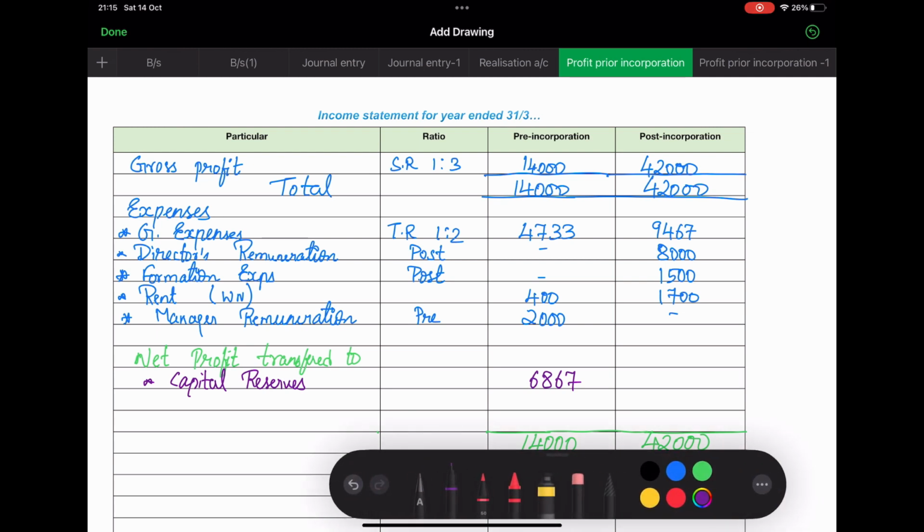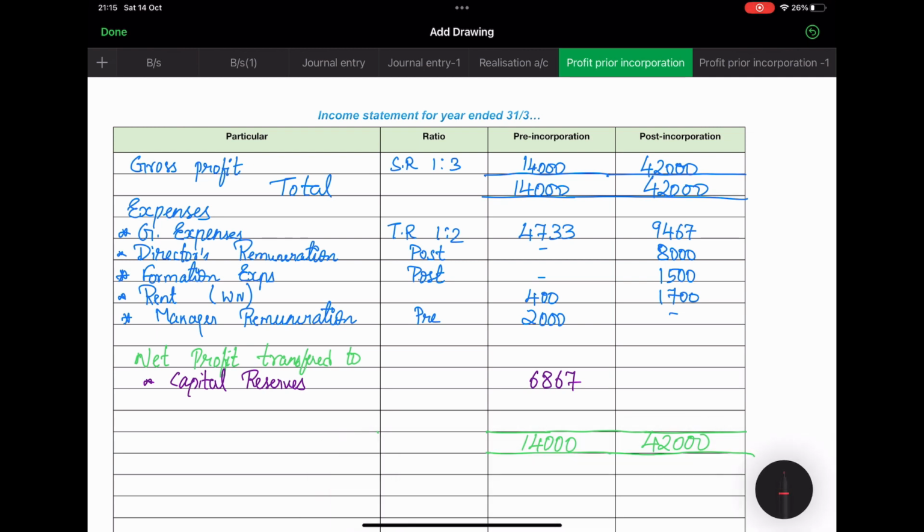Next, 42,000 minus 9,467, again minus 8,000 minus 1,500, again minus 1,700. So 21,333. This will be transferred to P&L appropriation account.